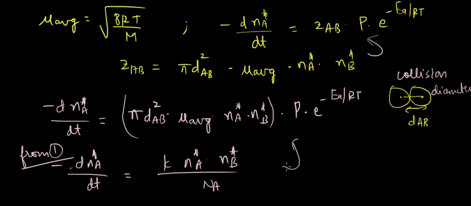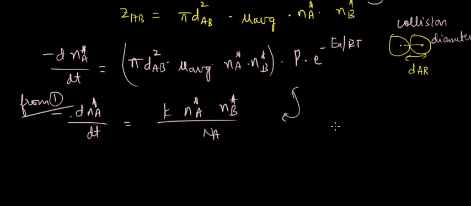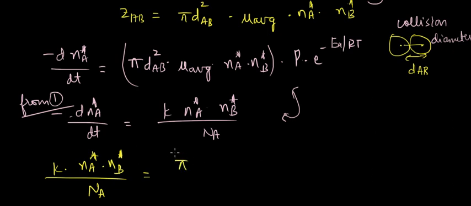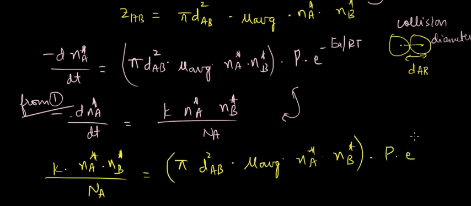Just equate these two values, so we get k times Na star Nb star divided by Avogadro number equal to pi dAB square U average Na star Nb star P e to the power minus EA upon RT.